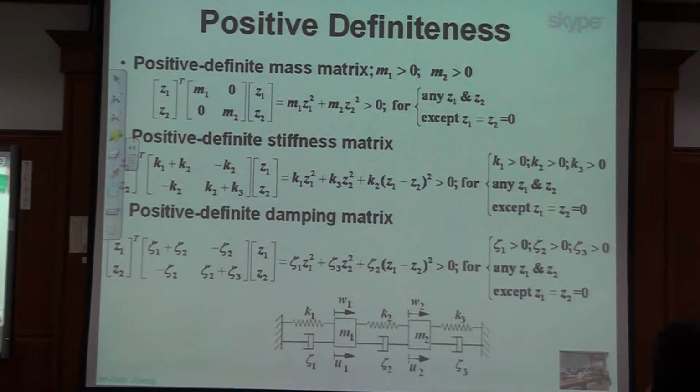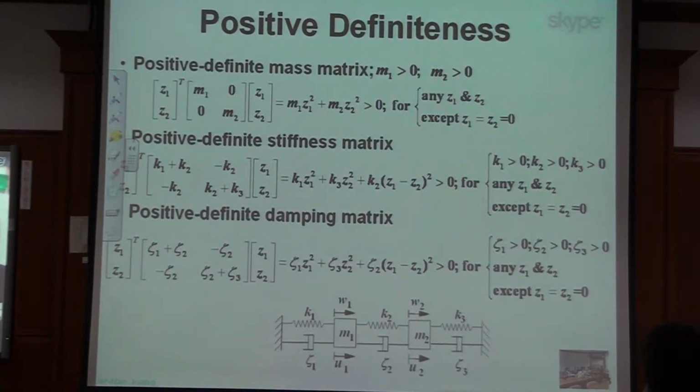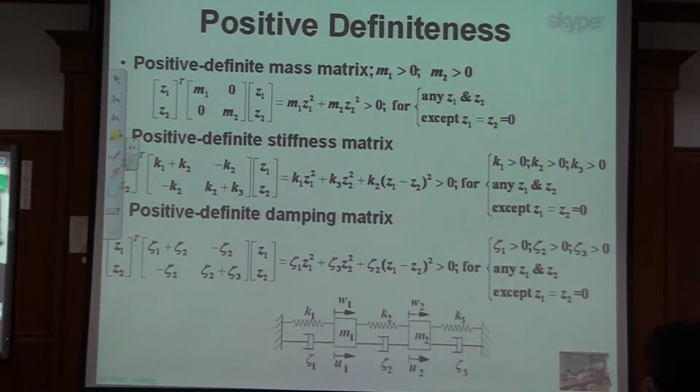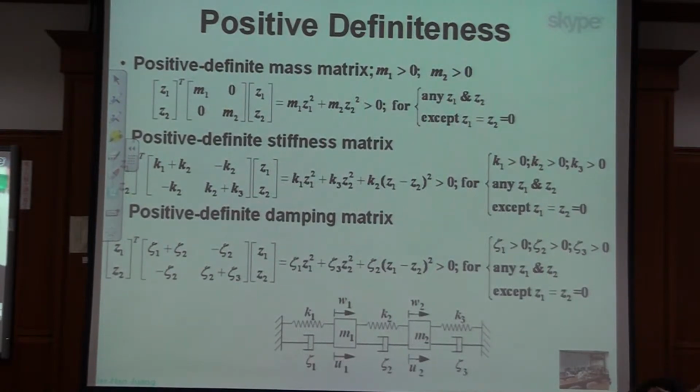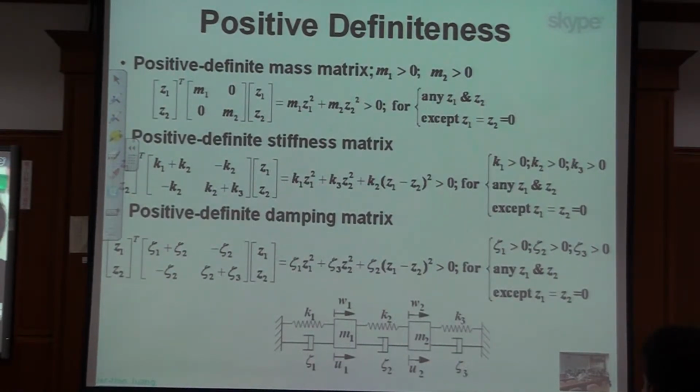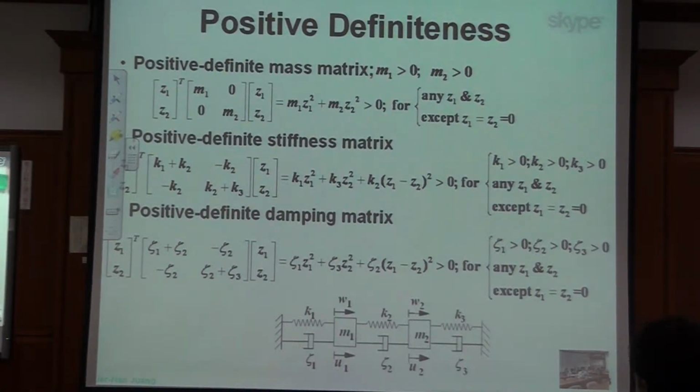The system is a stable system itself. In this case we call it asymptotically stable. The system is like this, we call asymptotically stable. That means very stable.